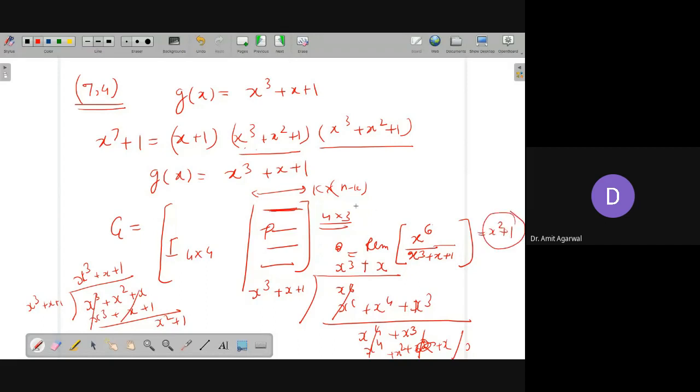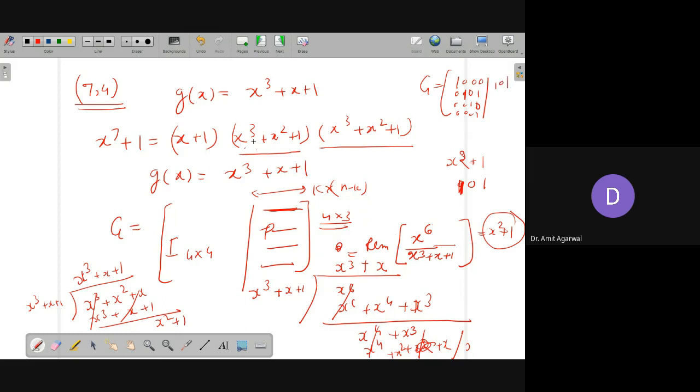So the first row corresponding to this: because it is x cube plus 1, it should be 1, 0, 0. Sorry, it is x square plus 1, so it should be 1, 0, 1. So the first row of the parity matrix is 1, 0, 1, and we know the identity matrix part.